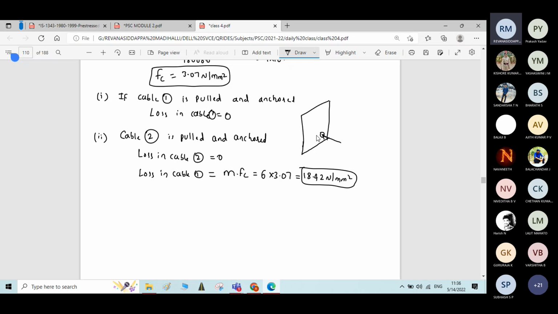Next, what happens? The second cable is pulled and anchored. When the second cable is pulled and anchored, the loss in cable 2 is 0. But there will be loss in cable 1 because of pulling and anchoring of cable 2, that is m into Fc.